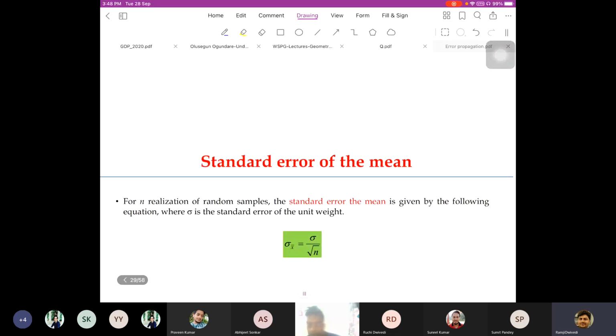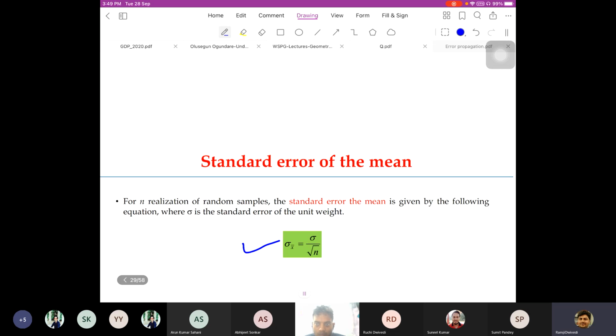Now, this I want you to prove. Many of you would be following this content from before. I ask all of you to prove this, because if you prove it, it will give much more confidence to your understanding. By theory, it is written that the standard error of the mean is sigma by root n. But how can it be proven? I am giving you 5 minutes to prove it.